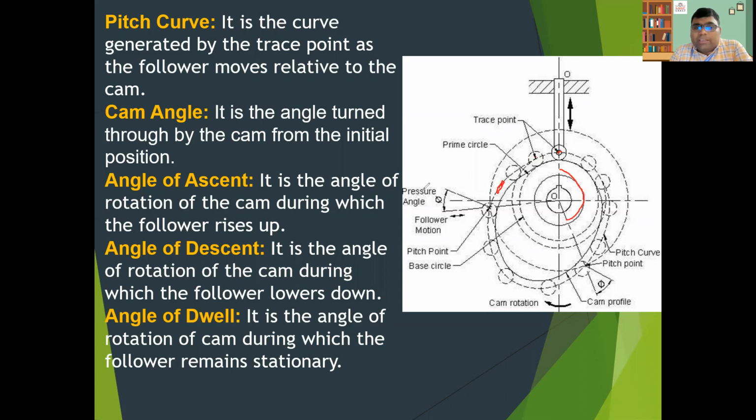Then there are three more important terms. Let's understand the angle of ascent. Suppose the cam is rotating in this direction, until the follower rises to the highest position.